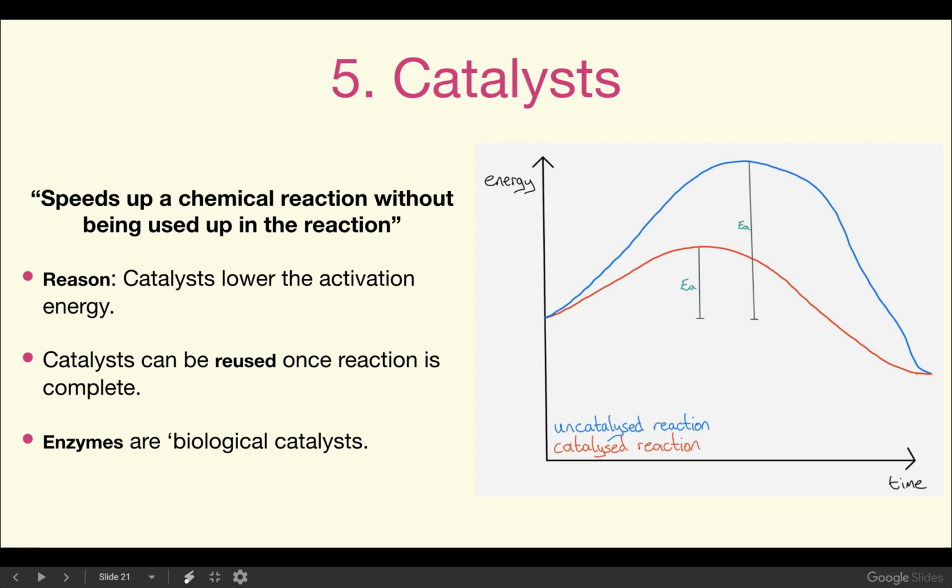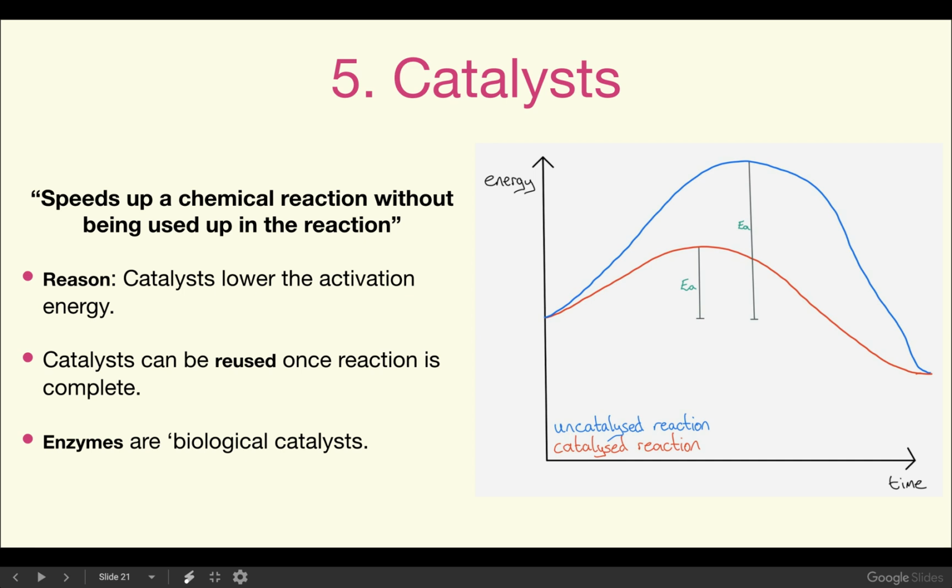Enzymes in our body make chemical reactions quick enough to happen. For example, in our mouth, starch is broken down to maltose. That's a chemical reaction caused by the presence of salivary amylase, which is in our mouth. So a catalyst will speed up that chemical reaction.